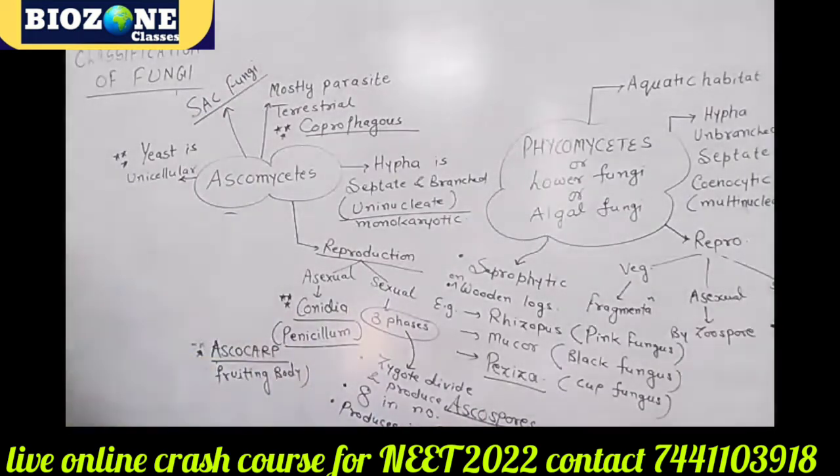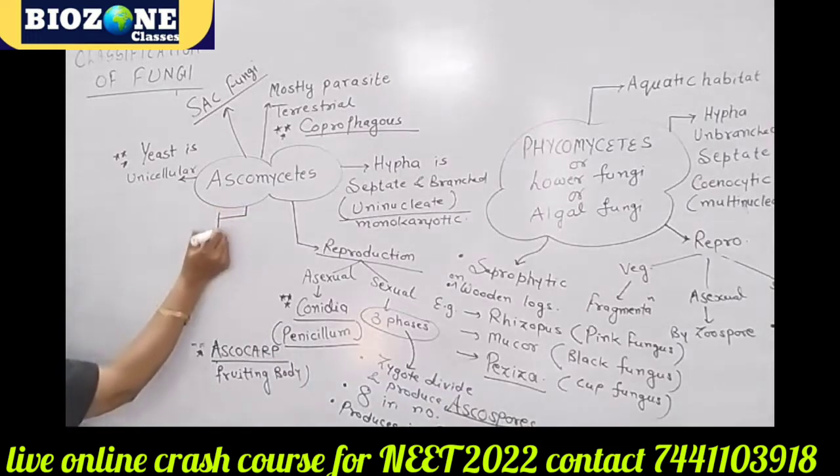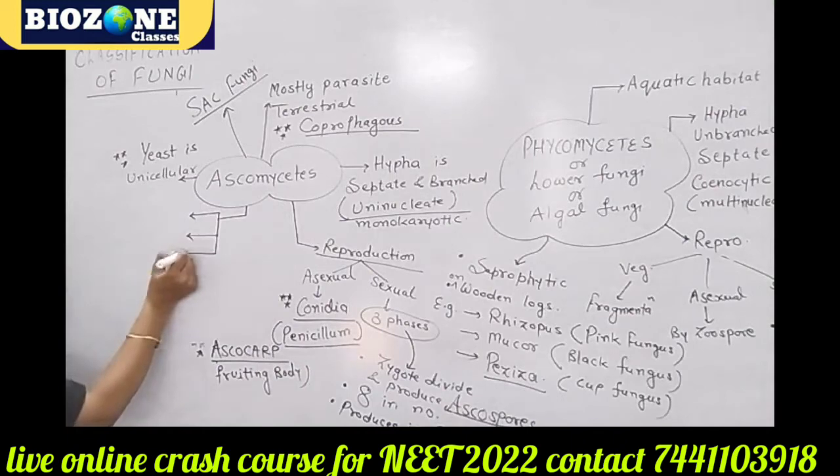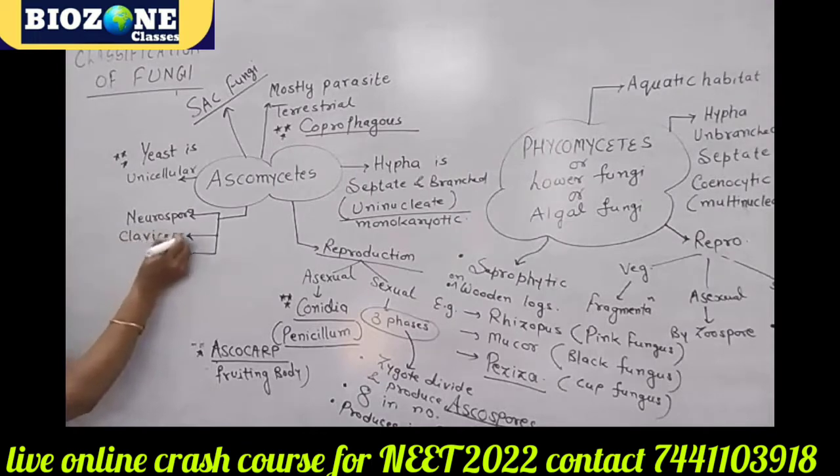Now we come towards the examples. 3 examples for ascomycetes, you remember as it is: the first example is Neurospora, second example is Claviceps, and third example is Aspergillus. These are the 3 examples.